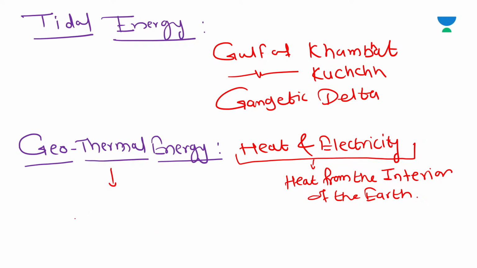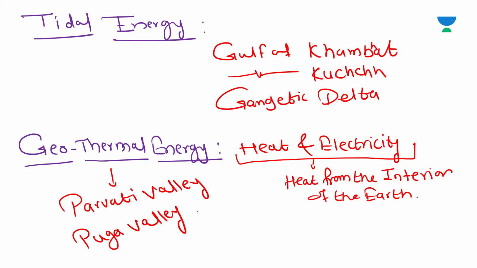One is located in the Parvati Valley near Manikaran in Himachal Pradesh, and the other is located in the Puga Valley in Ladakh. So these are the examples of geothermal energy projects.